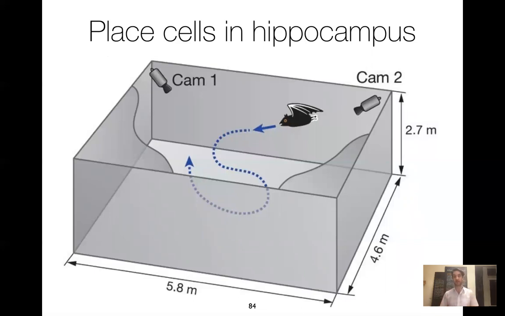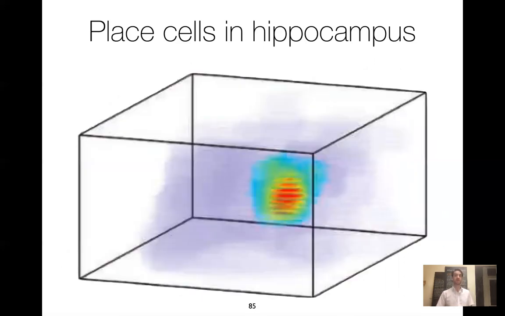constrained environment. And it turns out that there are, in fact, place cells in bat hippocampus that are 3-dimensional, okay? So they will actually be in a particular location of 3D space, not just a particular location in 2-dimensional space.